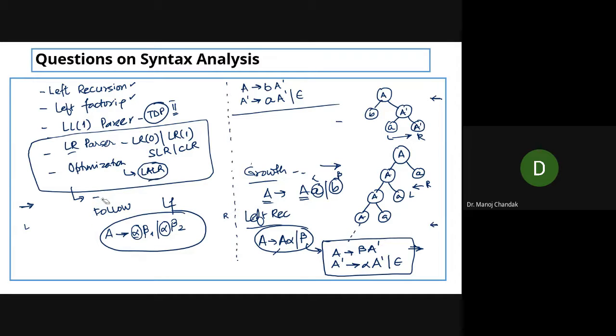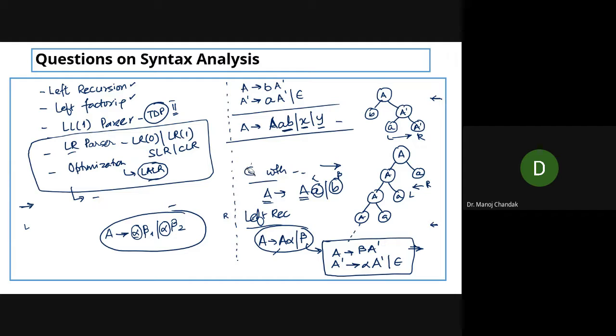So let me show you one more example here. So you can try some examples. Let me take one more example on left recursion. So A tends to capital AB followed by X followed by Y. So there is no problem in this rule. Only problem is this A. And then this becomes alpha, this becomes beta 1, this becomes beta 2.